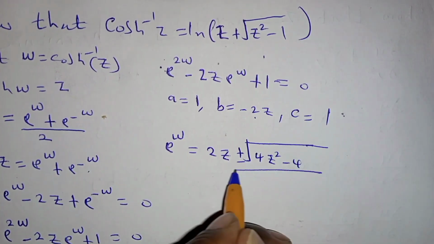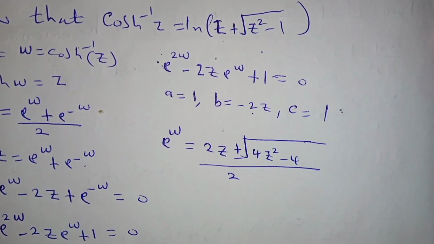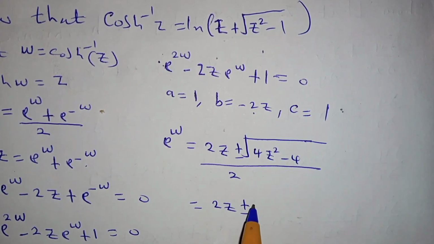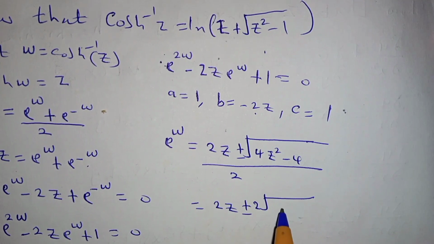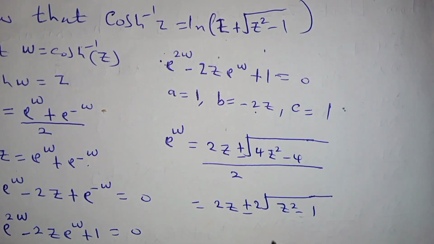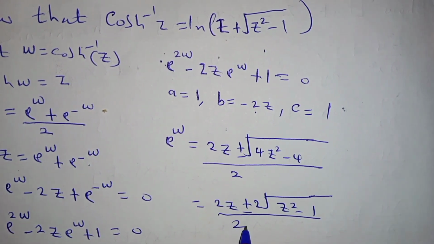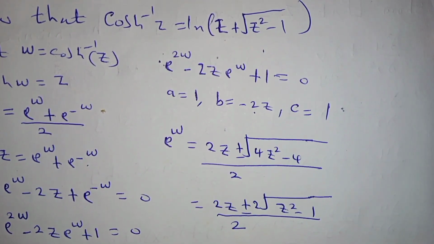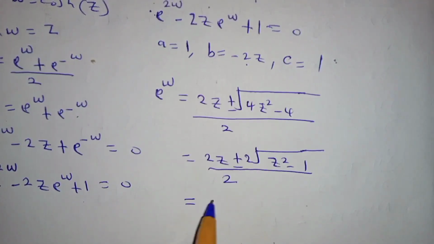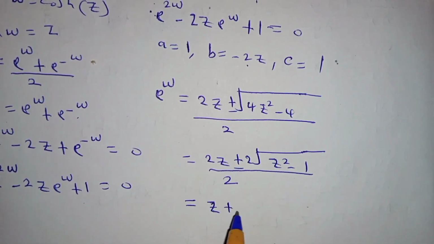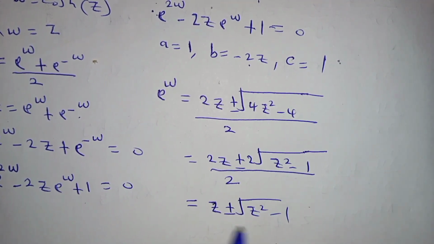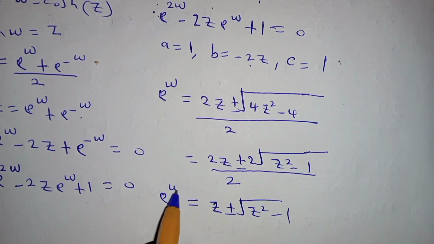You divide by 2, which is the same as 2z plus or minus 2 square root of z squared minus 1, divided by 2, which is equal to z plus or minus root of z squared minus 1, that is e to the w.